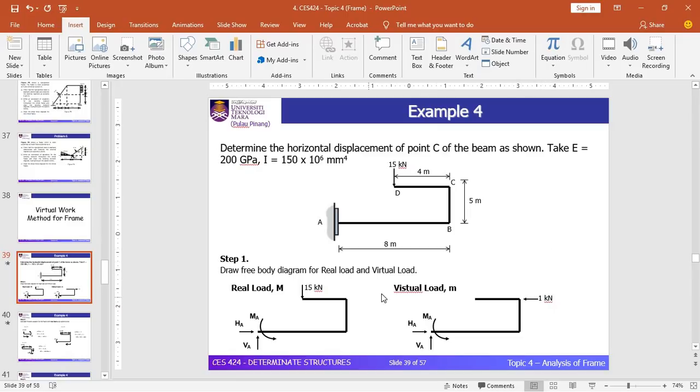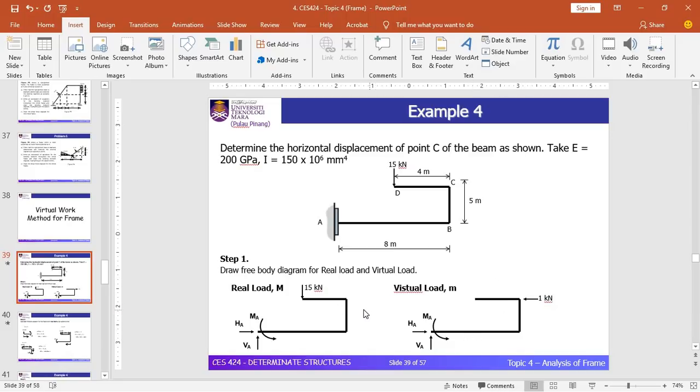Based on this free body diagram, in the real and virtual diagrams, you need to find the equation of moment, and you need to use the method of section to cut the member. Based on this real diagram, you have 3 cut sections: the first, second, and third. Similarly for the virtual, you have first, second, and third.